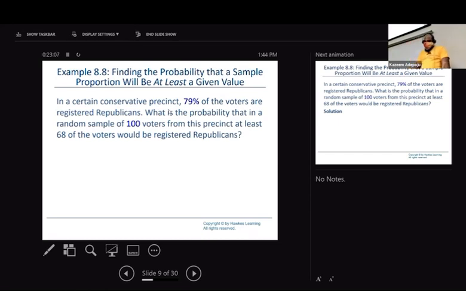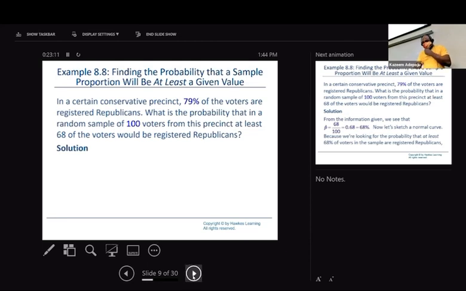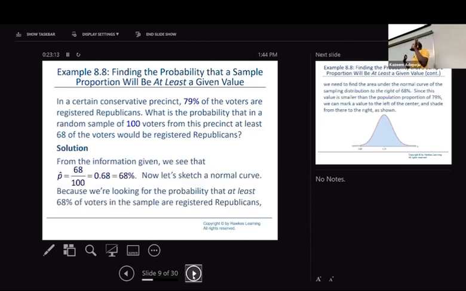This is the first thing you're going to do. You need to get your sample proportion from the data set. You have been told that out of a sample size of 100, you want to find the probability that at least 68 of them will be registered Republican.